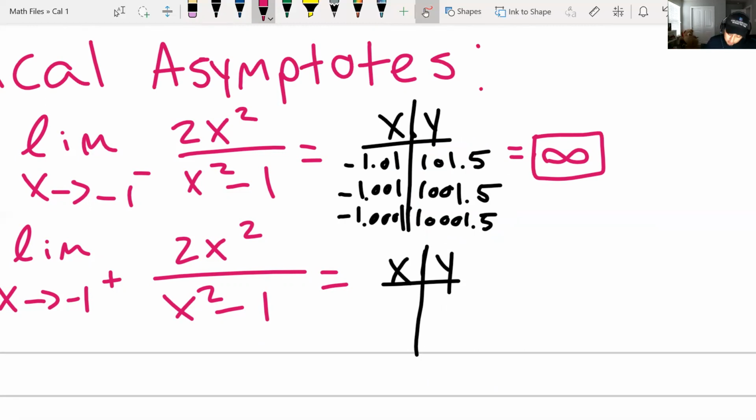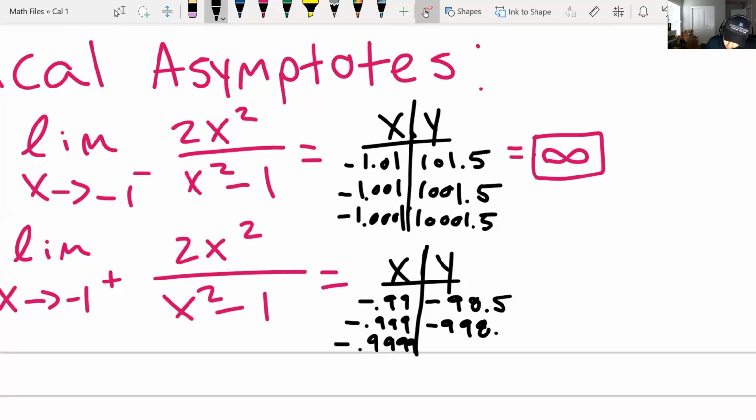So the numbers I want are -0.99, -0.999, and -0.9999. -0.99 gives me -98.5. -0.999 gives me -998.5.